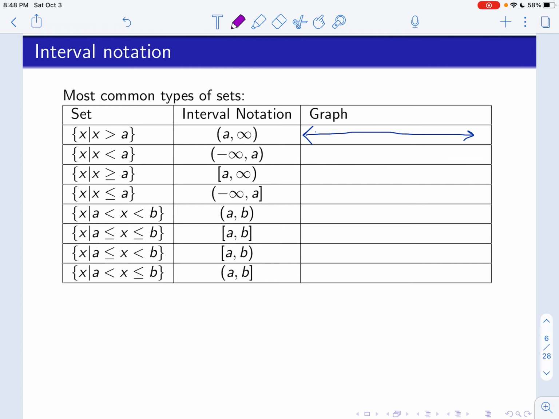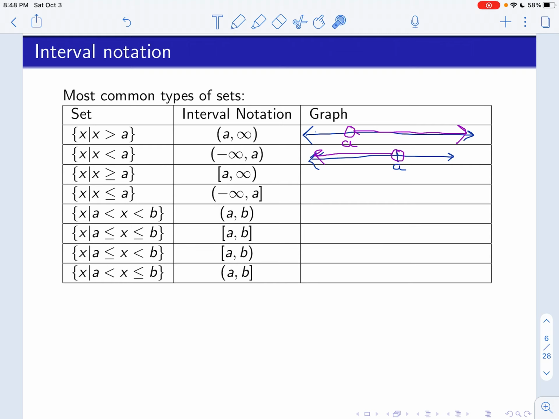This would look like an open circle and then going forever. The open circle's at A. All right. If I had less than A, then that means my interval goes the other way. And so if this is my number line, and I have a point A again, then if I want the numbers that are less than A, those go to the left on the number line.